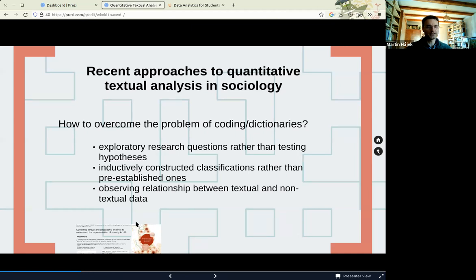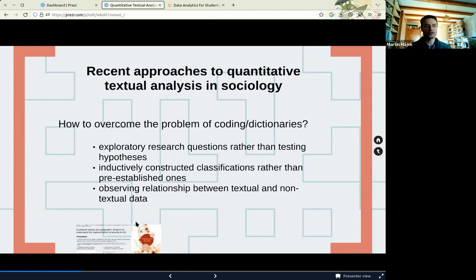In this way, you construct your dictionaries, if I may call them dictionaries, inductively from real existing data, and you compare your sample with these reference corpora.